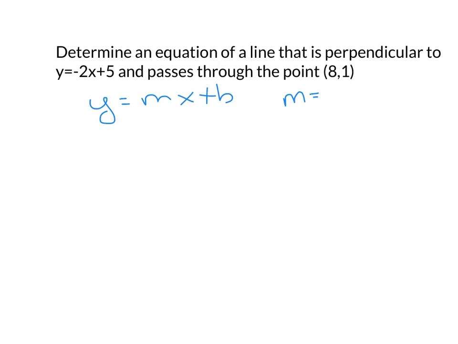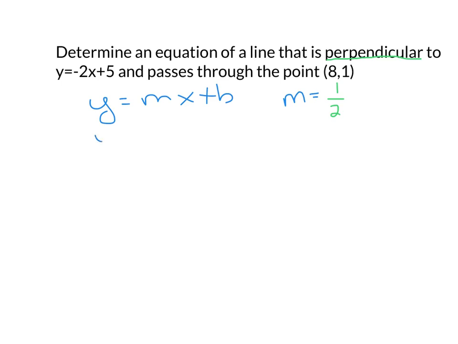And remember, the slope of perpendicular lines are opposite reciprocals. So we need the opposite reciprocal of -2. So the opposite would be positive, and the reciprocal of 2 is 1 over 2, or 1/2.